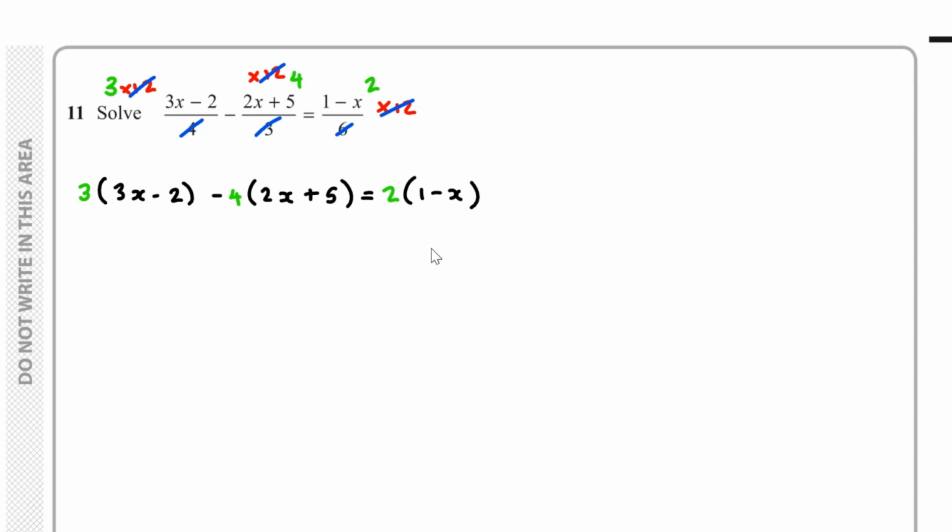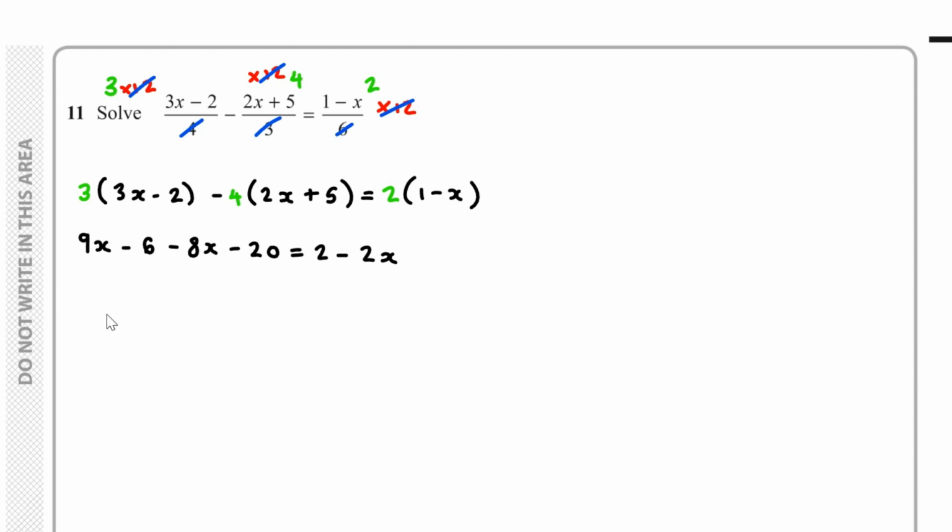We now need to solve this linear equation. We can do this by multiplying the 3 into this bracket, the minus 4 into this bracket, and the 2 into this bracket. So we've got 3 times 3x, that's just 9x, 3 times minus 2, that's minus 6, minus 4 times 2x, that's minus 8x, minus 4 times 5, that's minus 20, 2 times 1, that's 2, 2 times minus x, that's minus 2x.